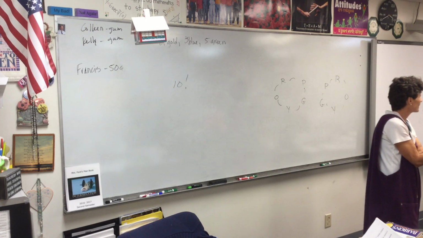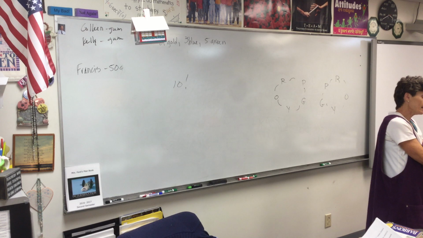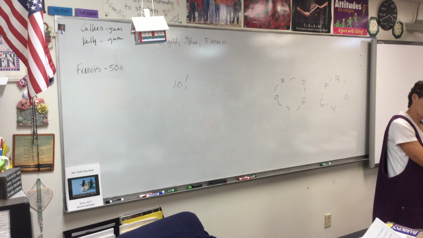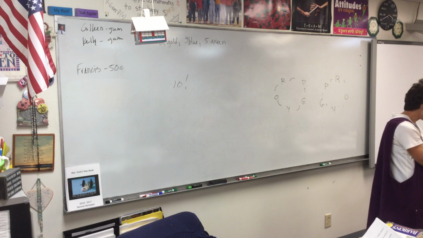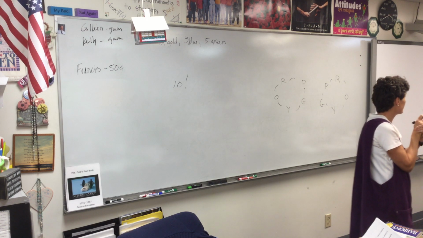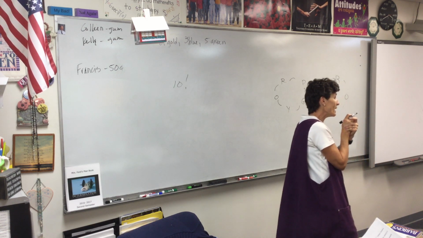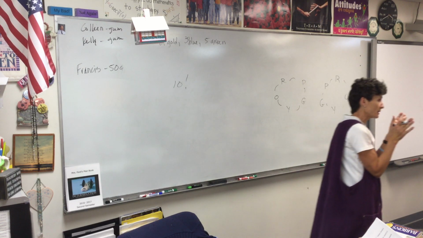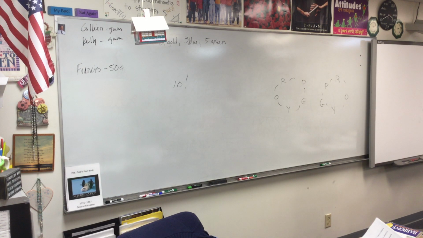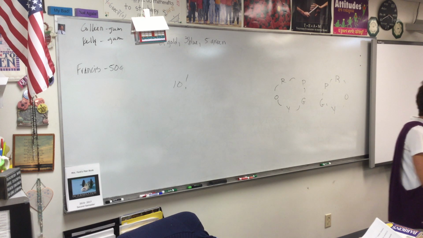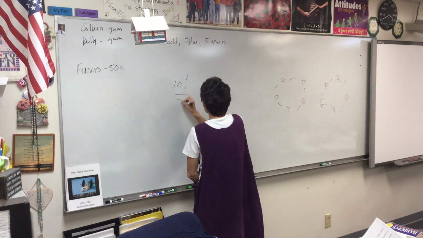That is called a reflection. Did I make a new necklace? No. Did I rearrange anything? No. I simply looked at it from the other side. When you have handheld circular permutations, necklaces, bracelets, keychains, you have to divide by 2.